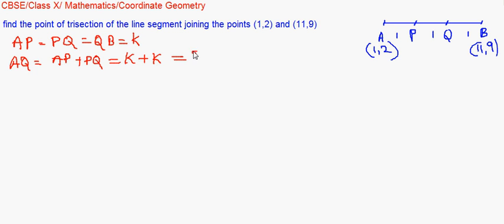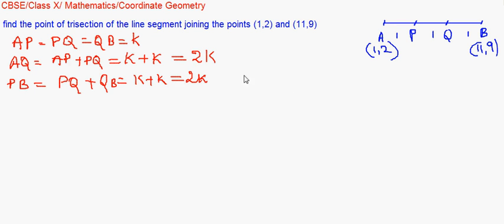So it's giving us 2K. On the other hand, PB is PQ plus QB, again K plus K, which is 2K.